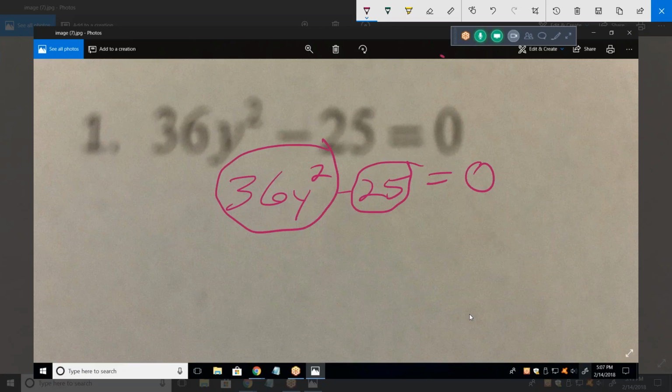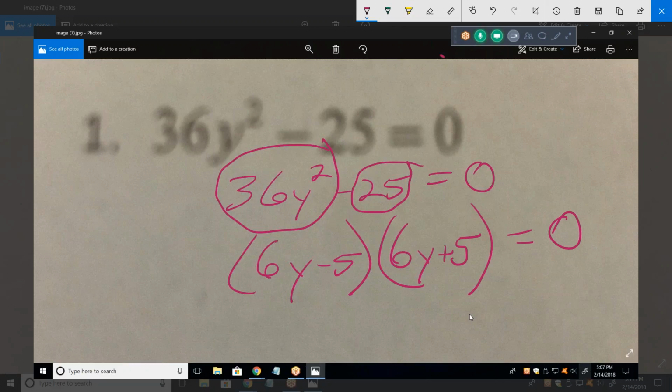So the answer is 6y minus 5 when I factor difference of perfect squares times 6y plus 5. Now you can't make a mistake. Now if you set each one to 0, you get y equal 5/6 or y equal negative 5/6.